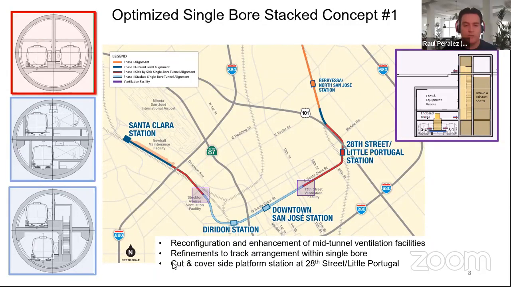Thank you. And I asked that because I know that one of the issues was in regards to this single bore, the smaller bore, not necessarily having a lot of space in the center platform.